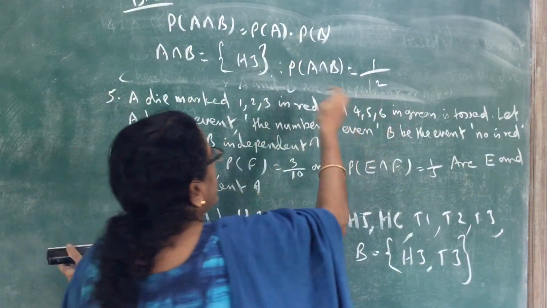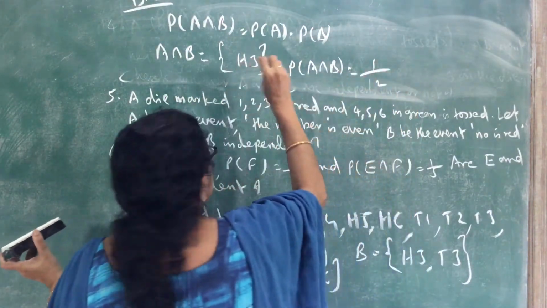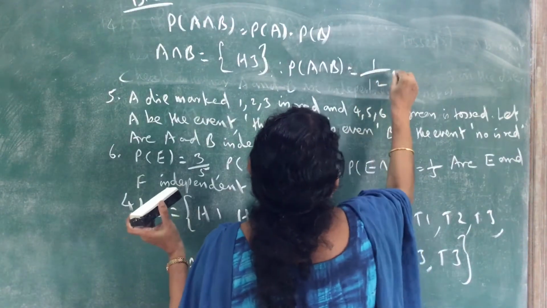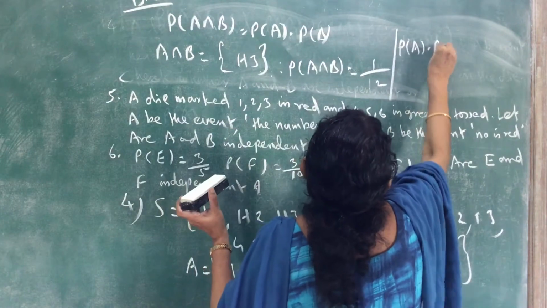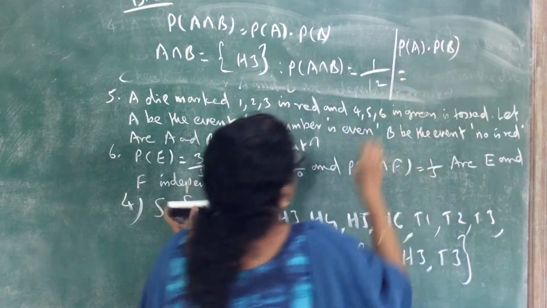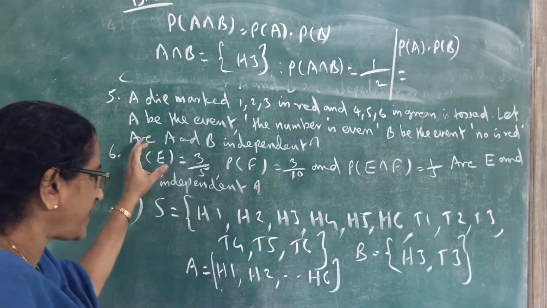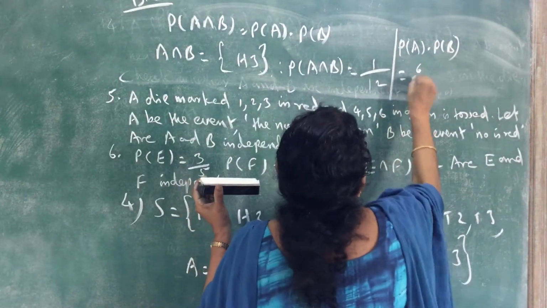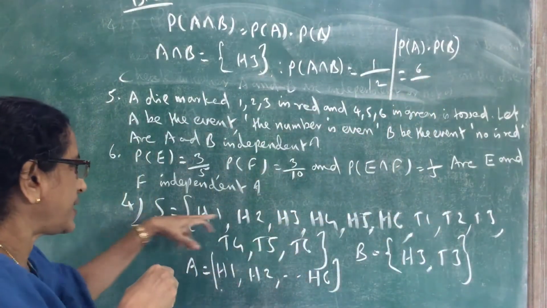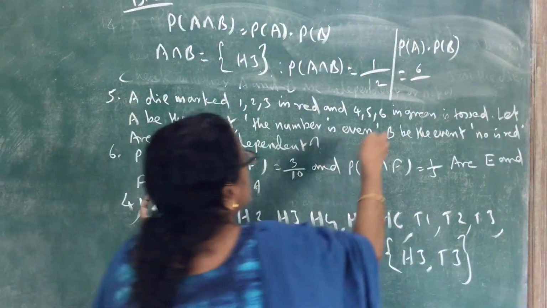What is probability of A? Number of elements in A, 6, divided by the total number of elements in the sample space, that is 12.